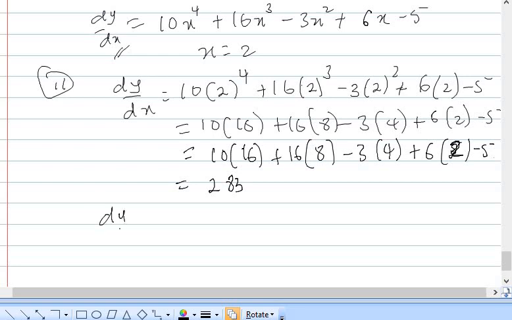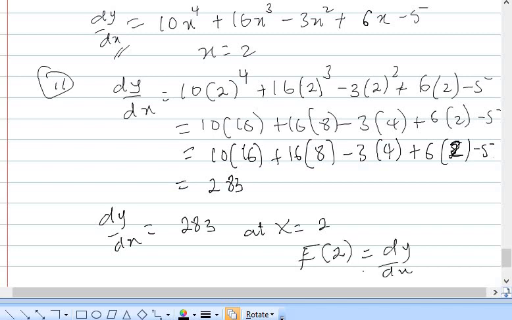Then dy by dx is equal to 283 at x equal to 2. Then you can see f'(2) is equal to dy/dx, so the derivative when x is equal to 2 should be equal to 283. So I think this is it for differentiation.